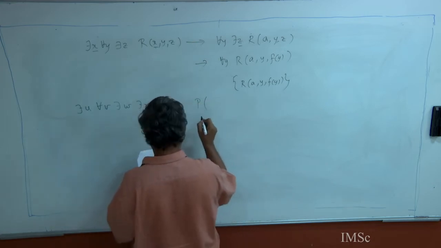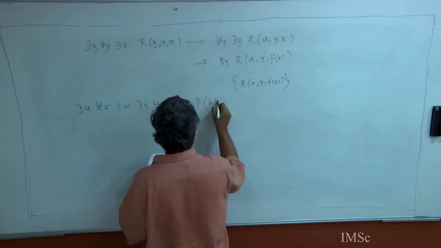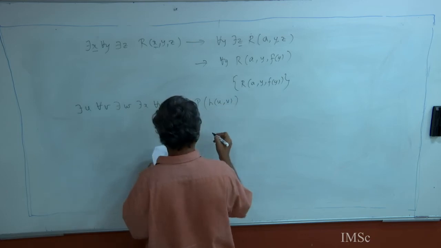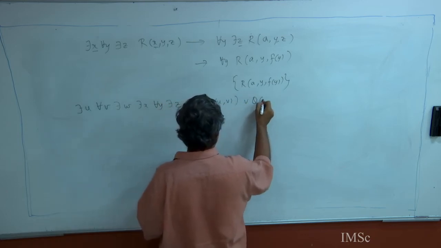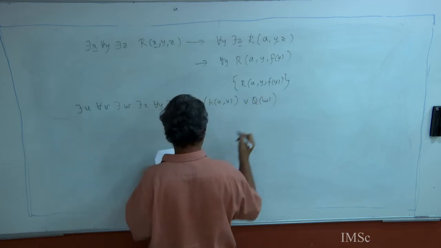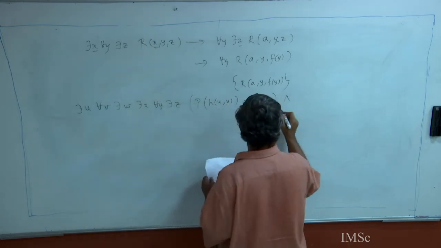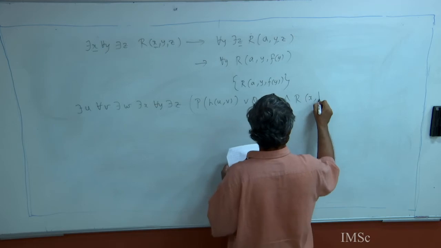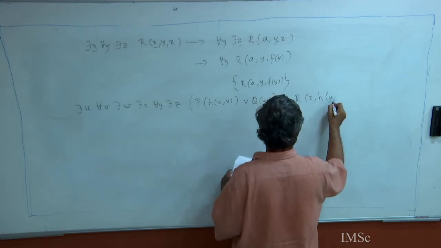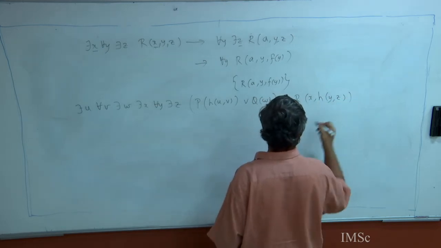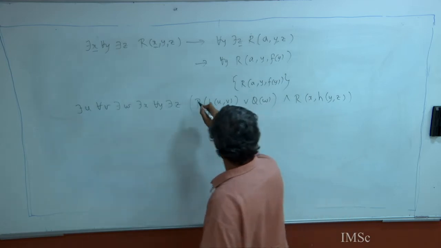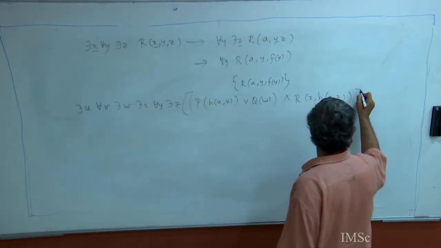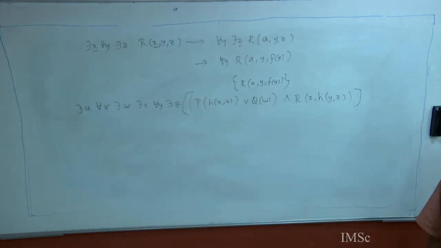So P of h of u v or Q w and R of x of h y z. One horrible formula.